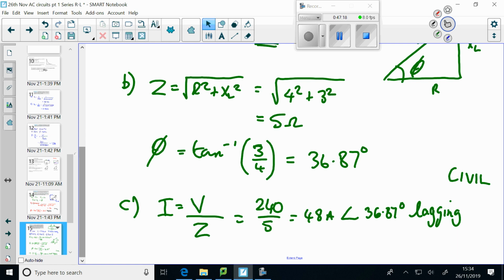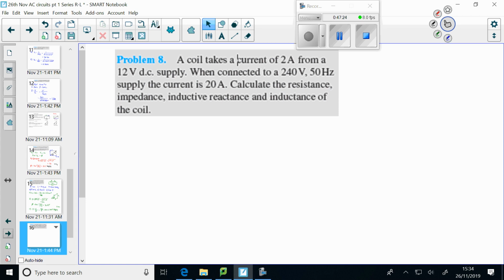Problem 8 is an interesting one because it gives a demonstration of how you might be able to find the inductance of a coil. If you connect it to a DC supply and measure the current, you can calculate the resistance, and then connect it to an AC supply and measure the current.